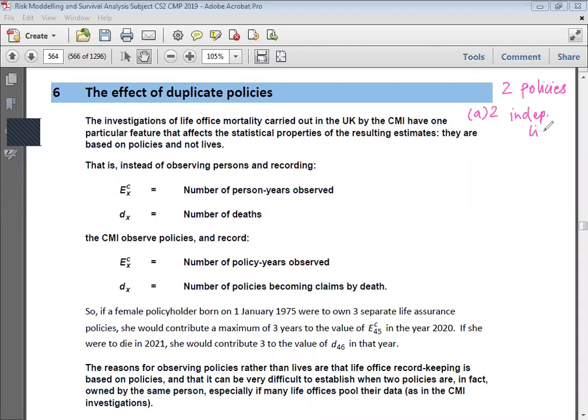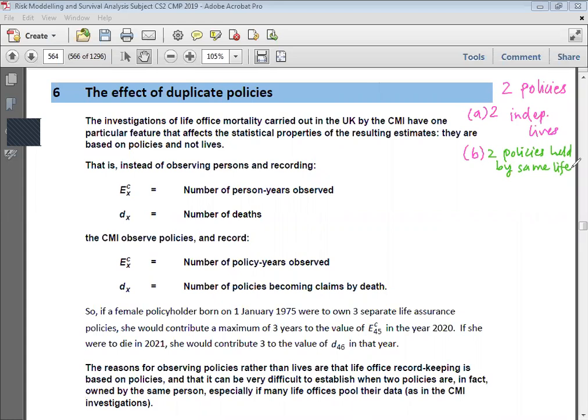So here I'm looking at 2 independent lives, and B is the case where I have 2 policies held by the same life. So now from whatever these people have said to us, we expect the variance to be more for the case where we observe duplicates, right?